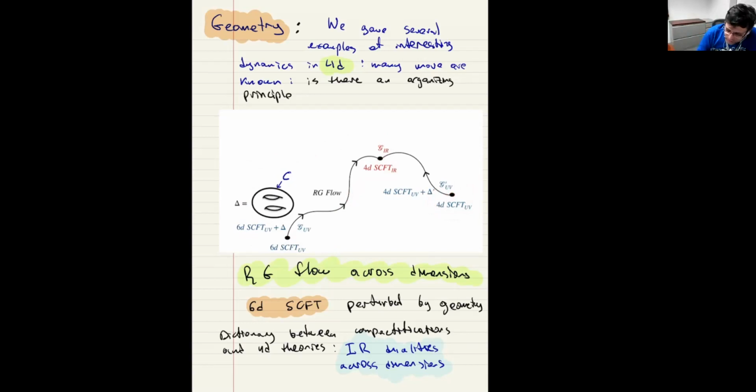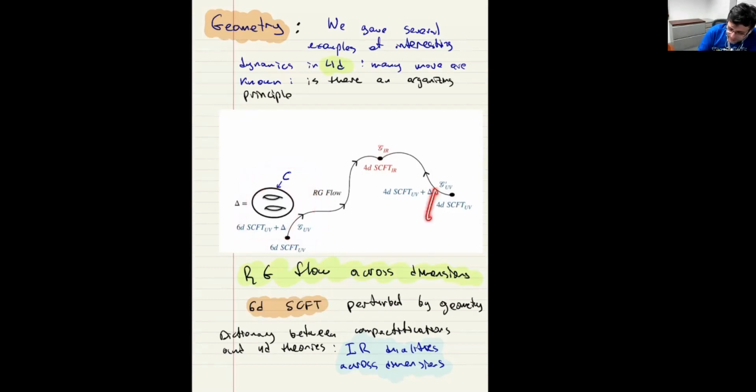So we will want to start from some weakly coupled theory here, some collection of fields, chiral fields and vector fields, and we will have a flow directly in 4 dimensions, and we will ask, can we engineer a flow from a gauge theory here to exactly the same quantum field theory here? The properties of this quantum field theory, as we will discuss, are basically determined by the choice of the 6D SCFT and the geometry. So many properties of this fixed point have a geometric origin.